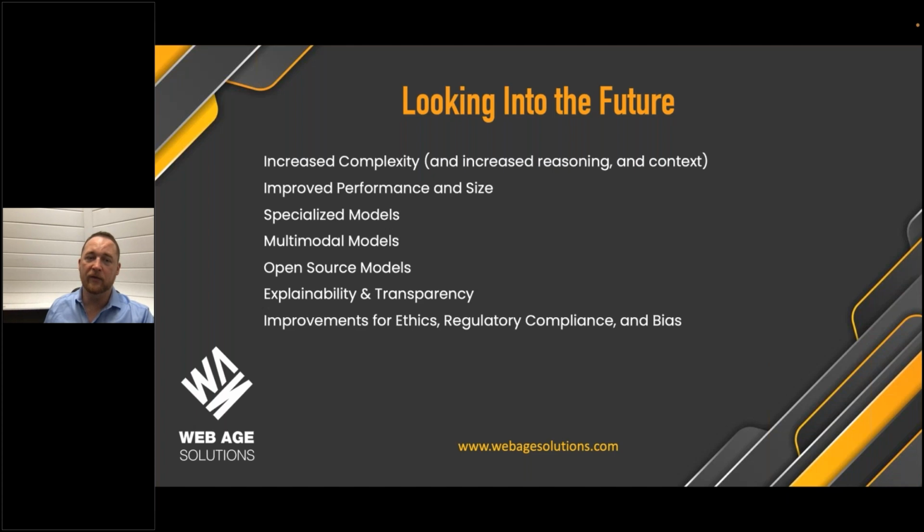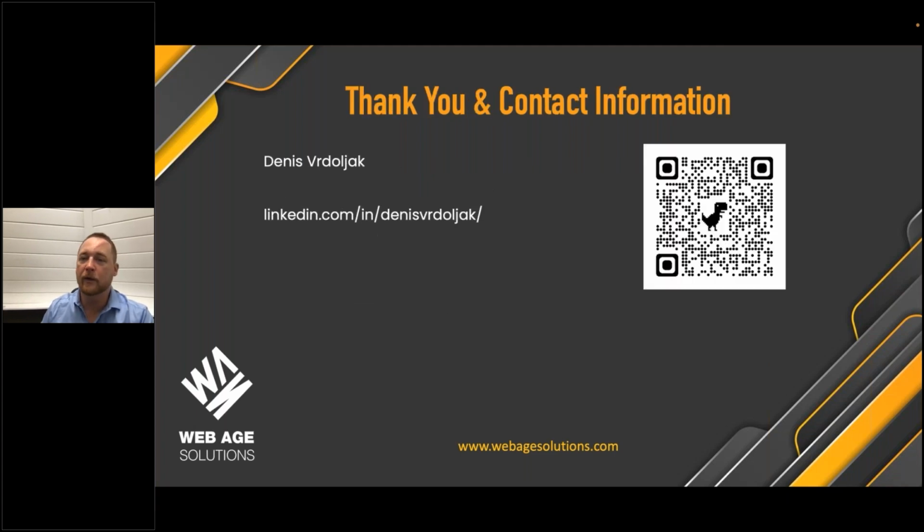Explainability and transparency is a big one, where there's more and more probing how the model works, why it gives certain answers, and that kind of goes in line with the improvements that are being added to either the models or as wrappers in the applications to account for ethics and bias, as well as for regulatory compliance.